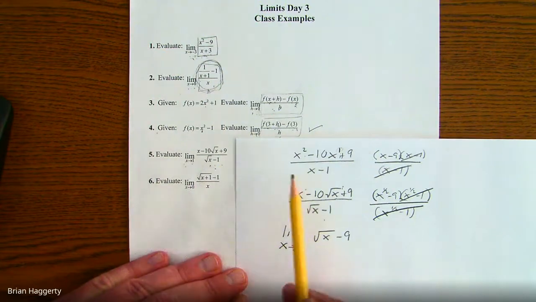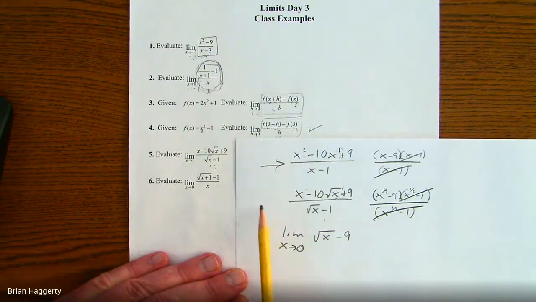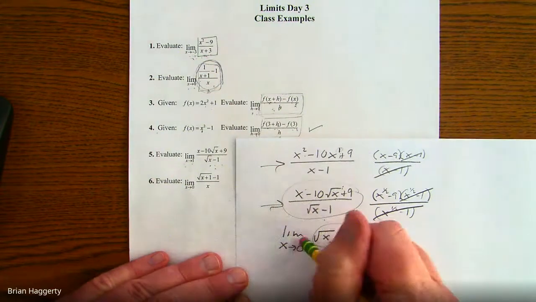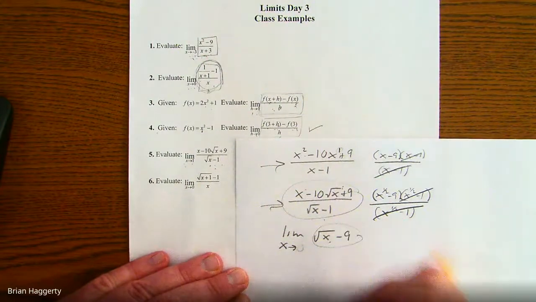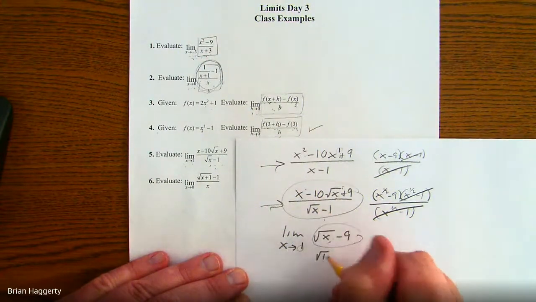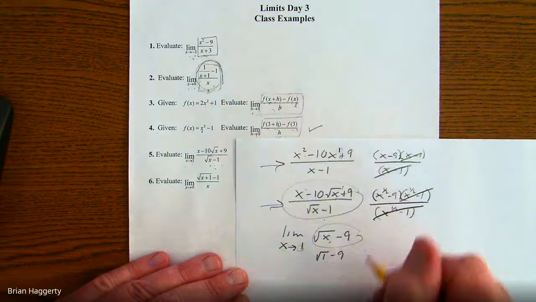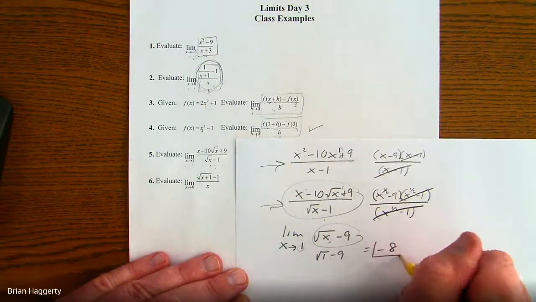So extending this basic factoring into something that contains some radicals, something like that I don't think we've seen before, we can algebraically manipulate this into the point where we can have a direct substitution of 1. So it'll be the square root of 1 minus 9. 1 minus 9 is -8. That's our final answer.